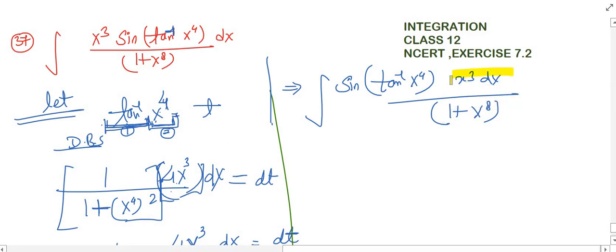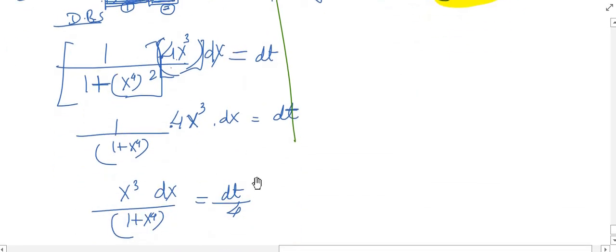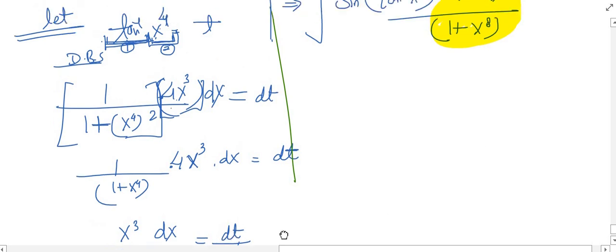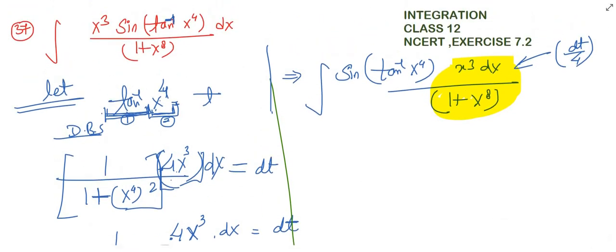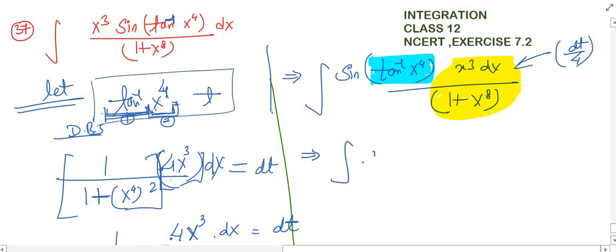If you observe carefully, this is what we got already as dt by 4. And this is what we assumed as t. So it is sine of t into dt by 4.